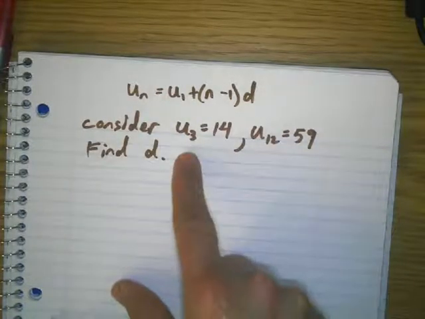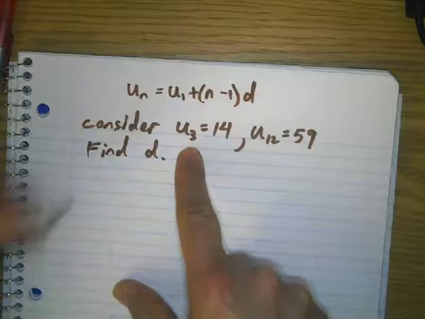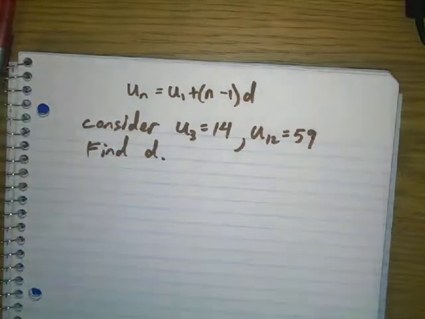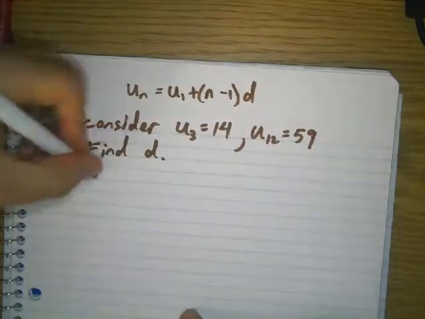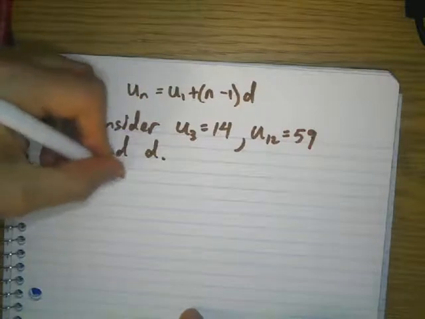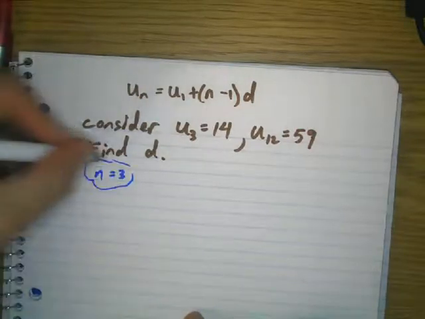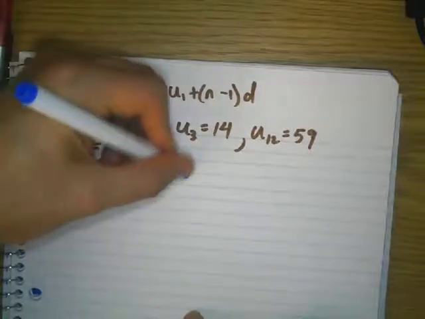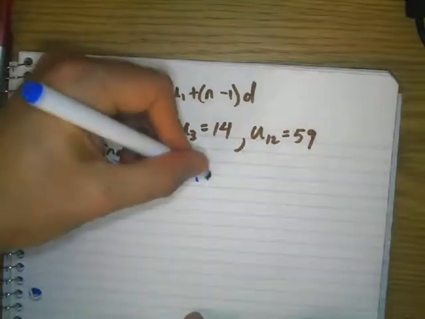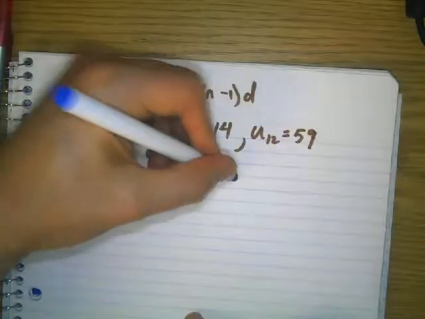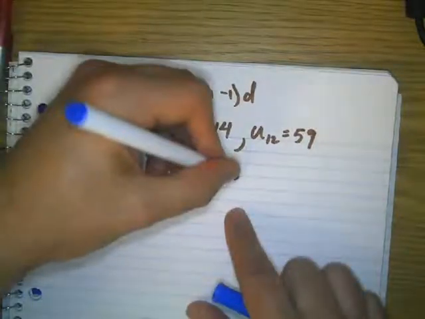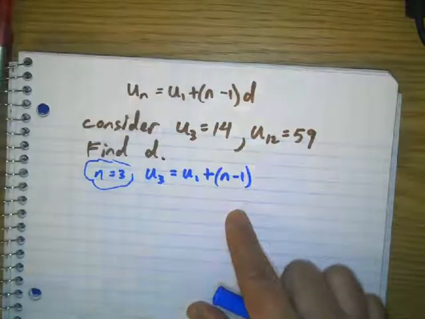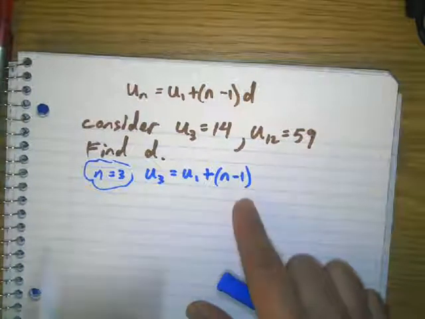So let's think of it this way. If n equals 3, then we've got u sub 3 equals u sub 1 plus n minus 1 times d.